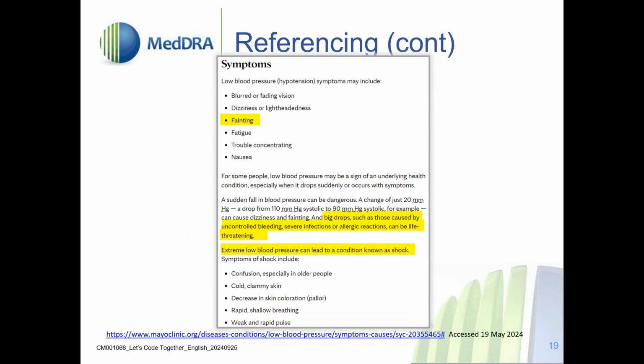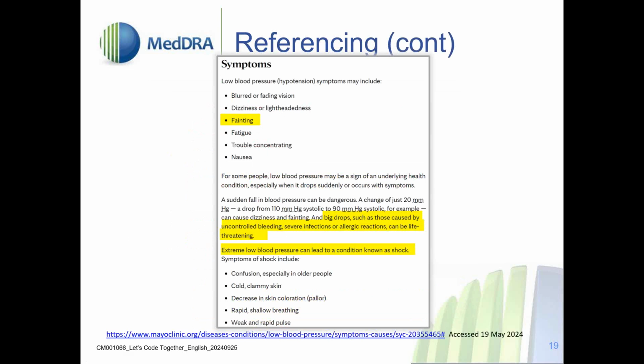On the website of the Mayo Clinic, we can find a description of the symptoms of low blood pressure, because our verbatim describes a condition in the patient due to low blood pressure. The symptoms that are listed here are blurred or fading vision, dizziness or lightheadedness, fainting, fatigue, trouble concentrating, and nausea.